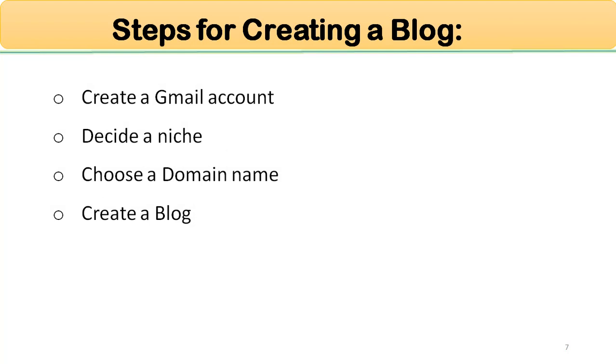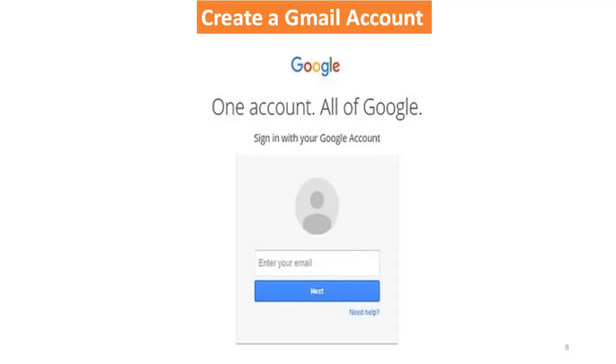There are some steps that we have to follow before creating a blog. Firstly, we create a Gmail account, decide a niche, choose a domain name, and then create a blog. Creating a Gmail account, you know very well, we go to Google and search for create a Gmail account, and we put in some credentials like your name, your email ID, password, and your country name.